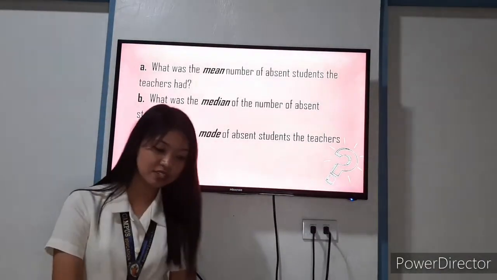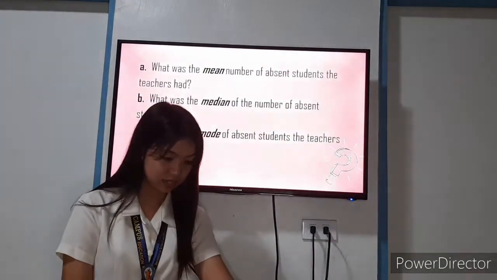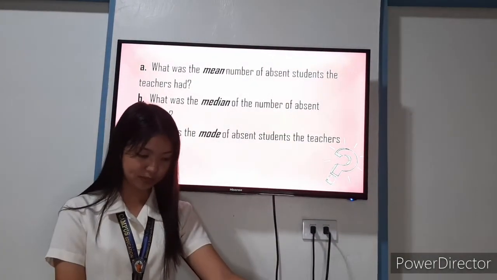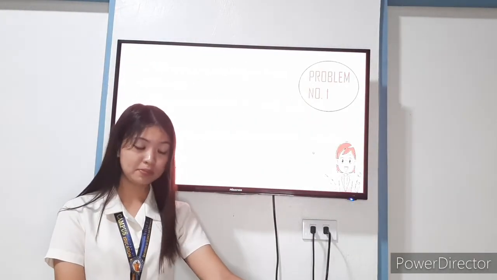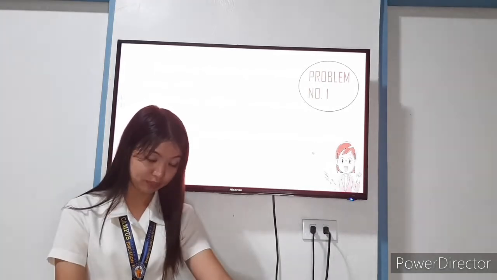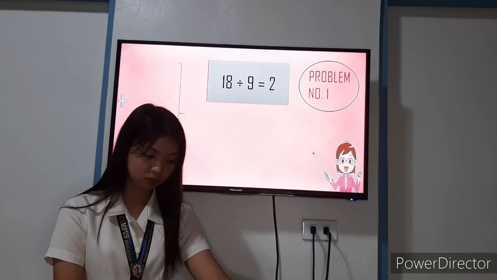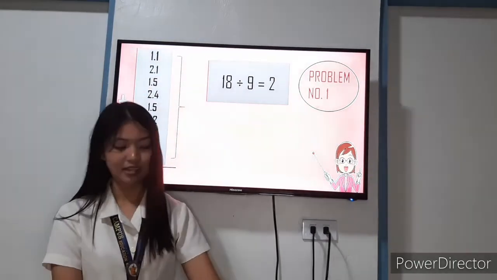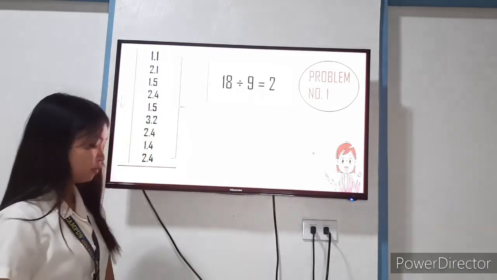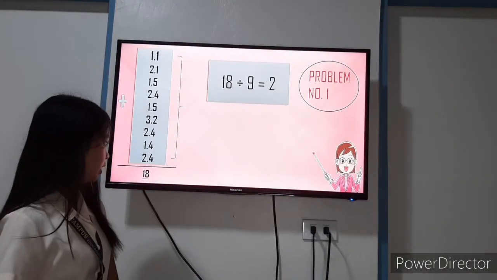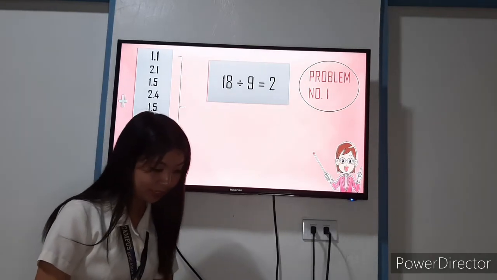Are you done answering this activity? Okay, if you're done, let's start answering each problem. With problem number 1, first step, the mean, we need to add all the data and divide it by the number of values. We've got 18 and divided by 9.